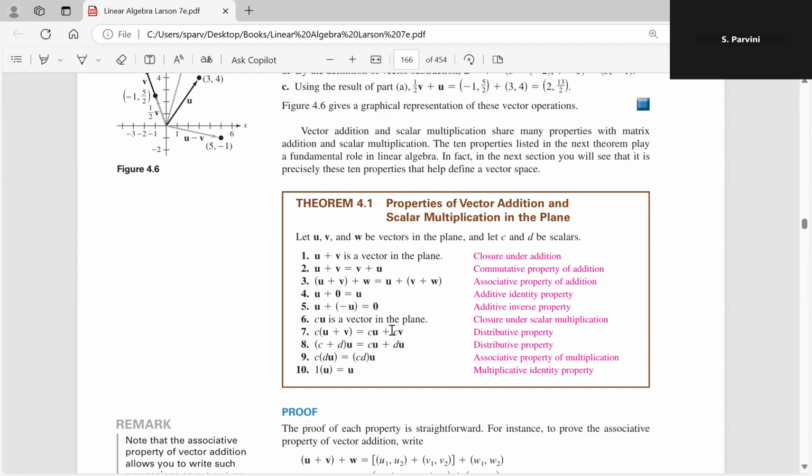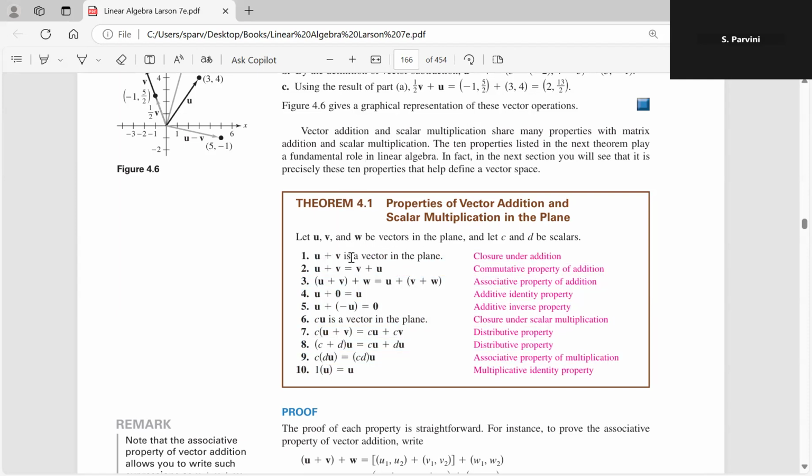Now, the closure under addition. On the right, there's a good description that explains what the one on the left means. So when a problem, for instance in a homework, may ask, show that vectors v and w are closed under addition, that means we need to show u plus v is a vector.